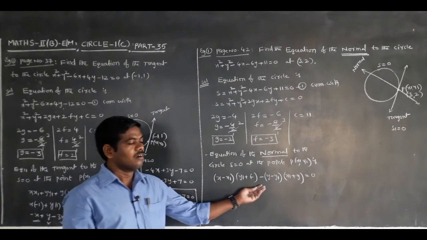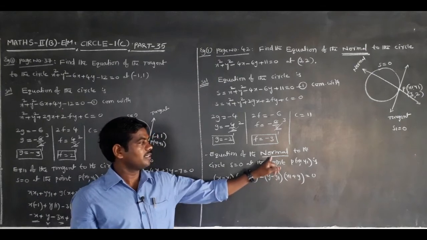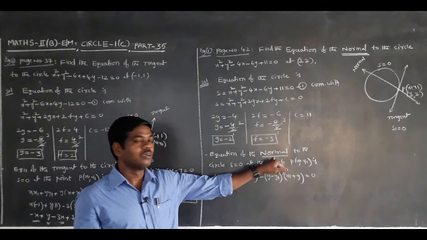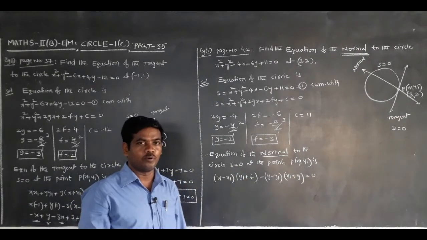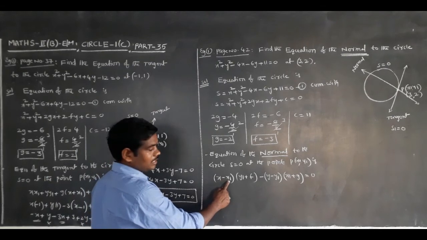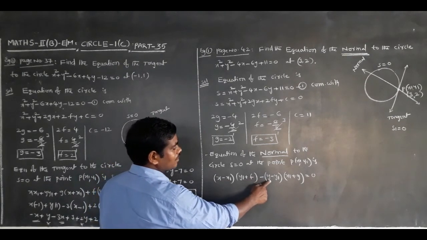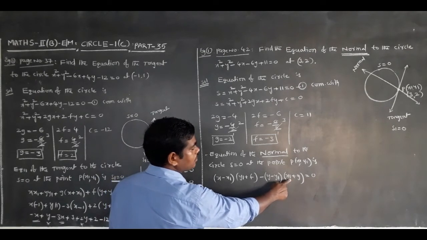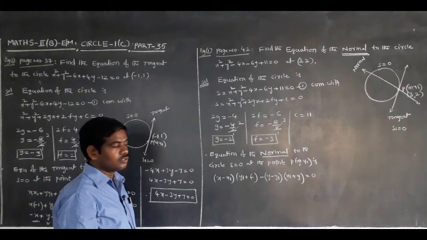This is the formula for finding the equation of the normal to the circle S is equal to 0 at the point P(x1, y1).